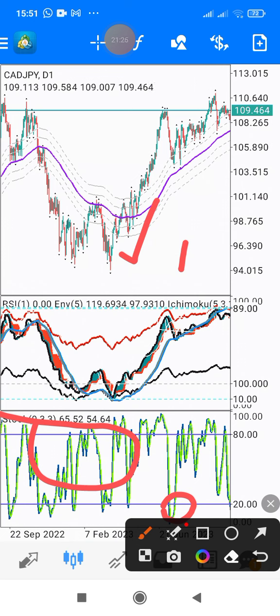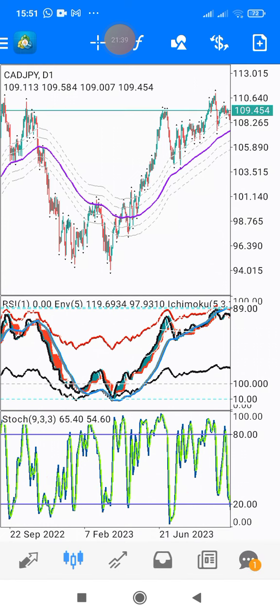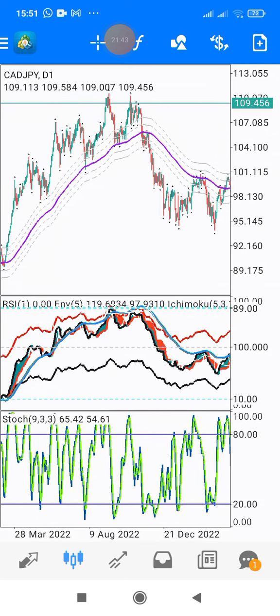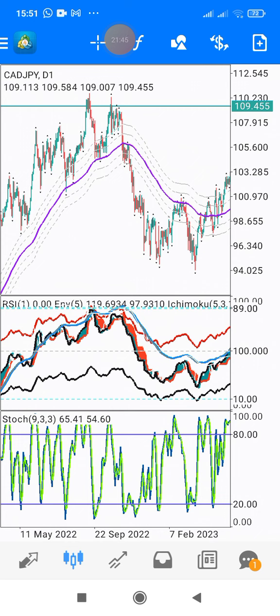That is how you will win this market. A very simple way. So my friends, that is how this market operates.